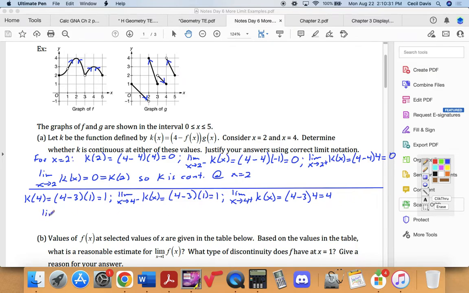So, the limit as x approaches 4 of k of x does not exist. Therefore, k is not continuous at x equals 4.